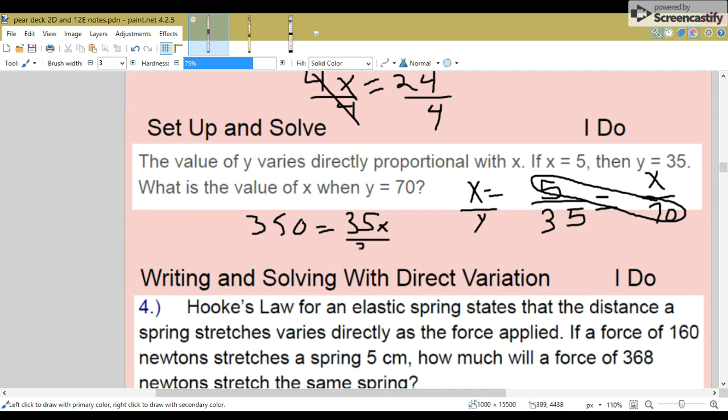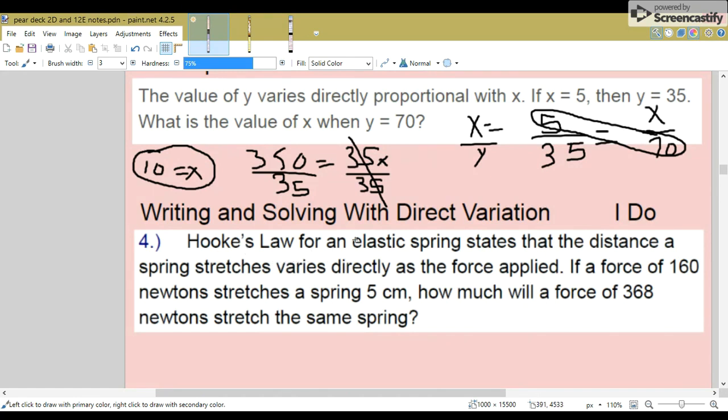Divide each term by 35. 35 divided by 35 is 1. So we have 1x equals 350 divided by 35 is 10. So x will equal 10 in this situation, a positive 10. Let's look at the next one.